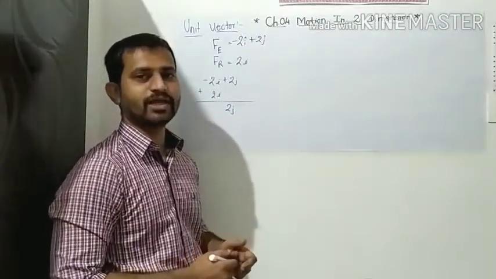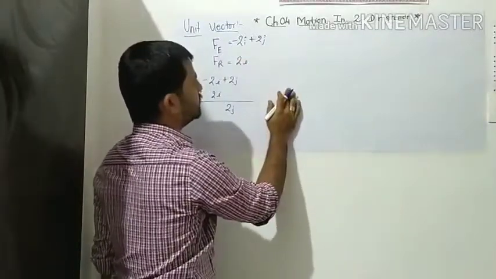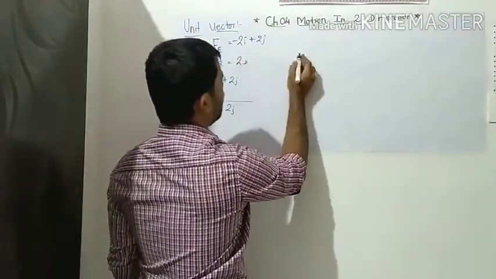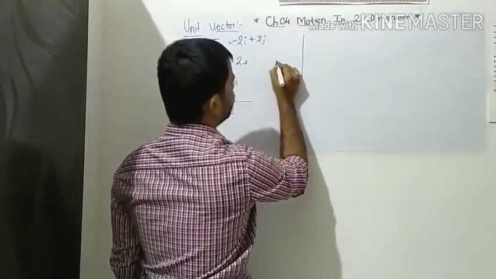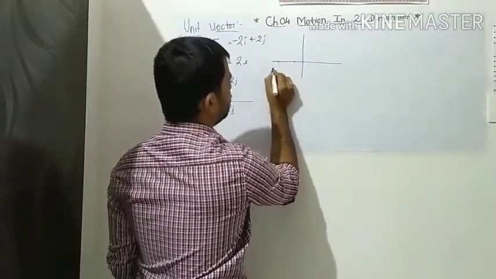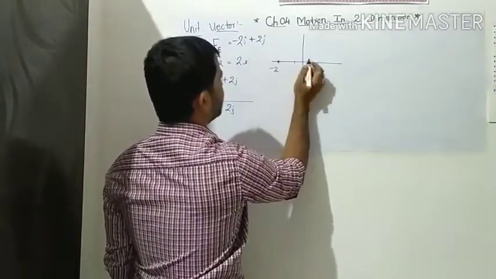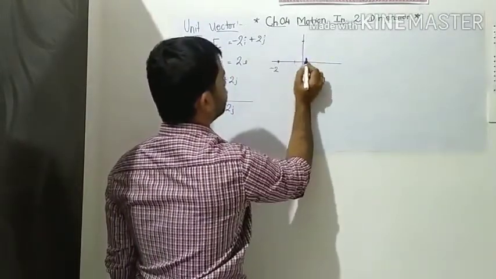If we check it graphically, the force due to the engine is minus 2i plus 2j. Suppose we draw this on a Cartesian plane, then this is the minus 2i and this is the 2j, so here will be that vector.